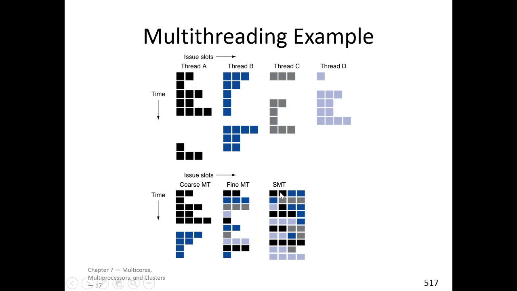So for example, at time 0 here, it's executing 2 instructions from thread A and renaming and keeping relevant tabs on their registers, and it's executing 2 instructions from thread B. Next cycle, it finishes the initial portion of thread B in order, and then executes all of thread C in order.